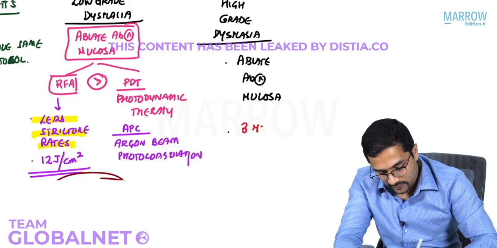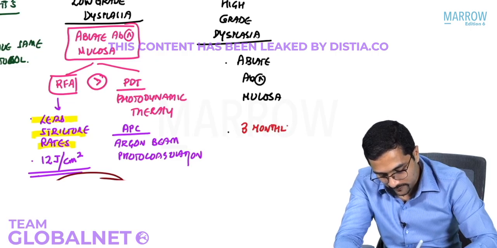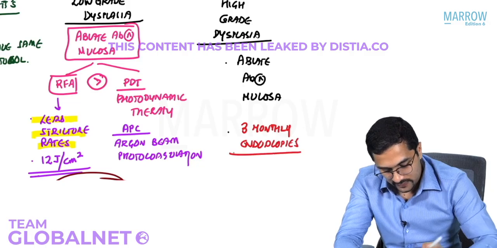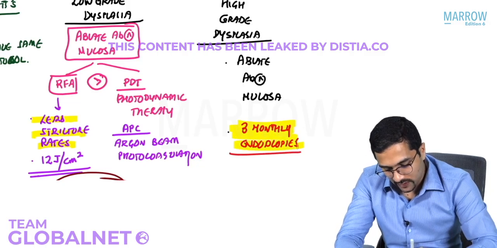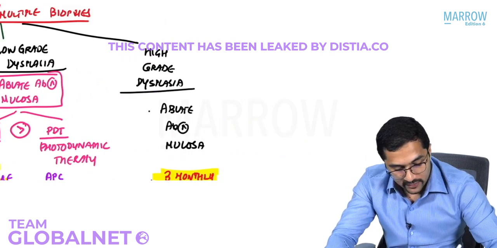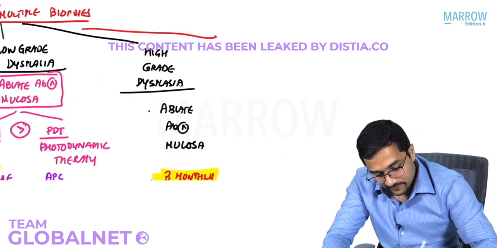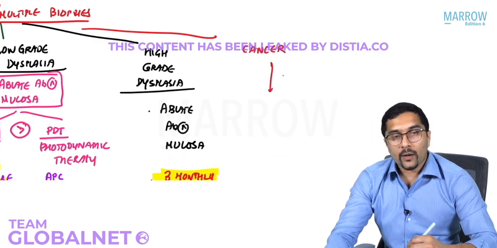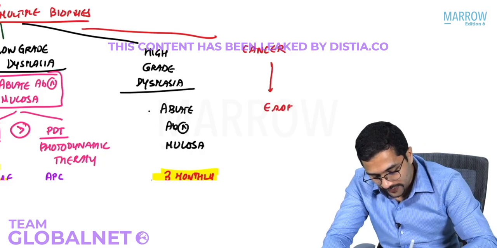So 3-monthly endoscopies have to be done in these patients, as opposed to 6-monthly for low-grade dysplasia. And the final possibility can be that these patients can develop cancer. And if these patients develop cancer, then the only option available with us is esophagectomy.